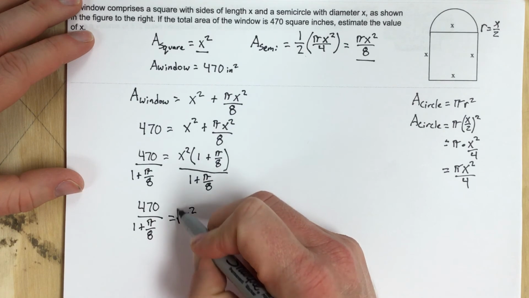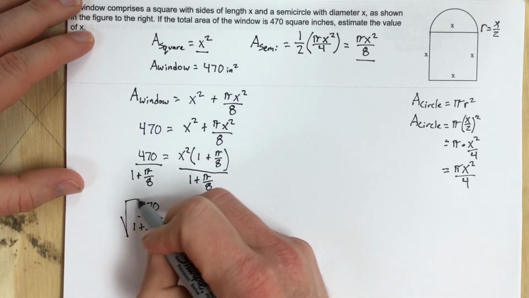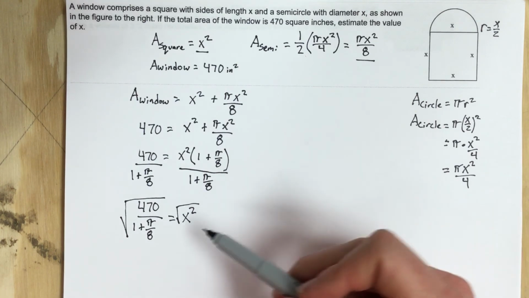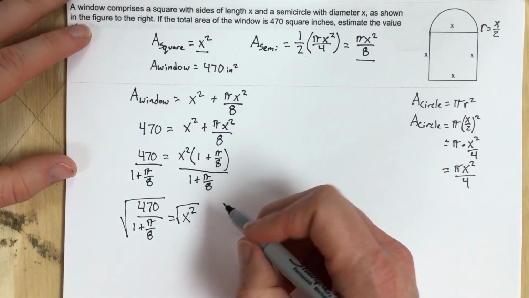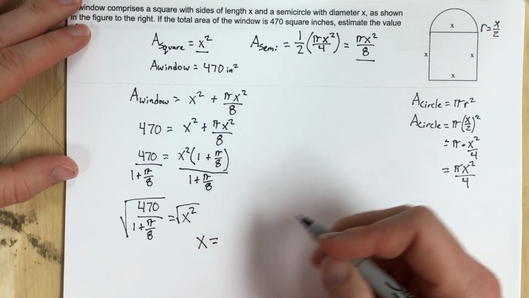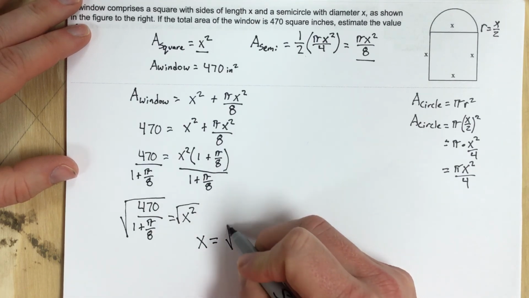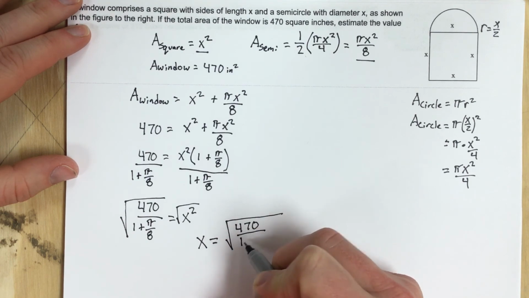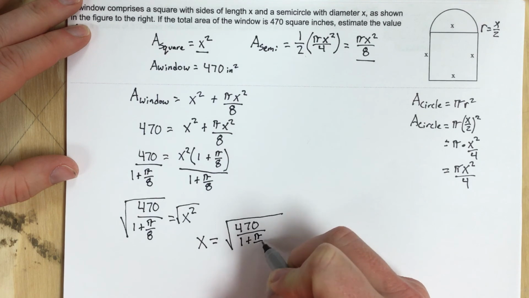Now typically we say plus and minus when we do this, but because we're talking about some distance, we can't get a negative distance. So we're just going to say that this is x, the square root of x squared. X equals the square root of 470 all over 1 plus pi over 8.